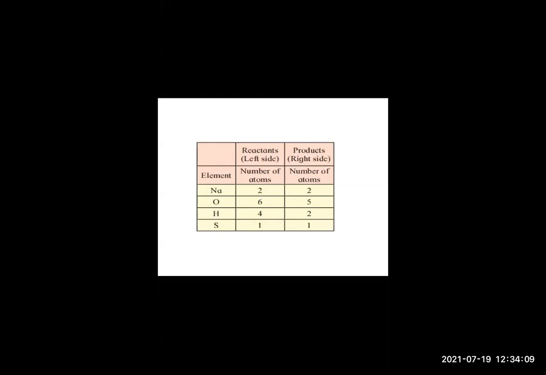So remember the formula of a compound cannot be changed. We cannot change the formula. So for that, to make the number of sodium atoms in the reactant, NaOH cannot be changed to Na2OH. So instead, a factor 2 we have multiplied.